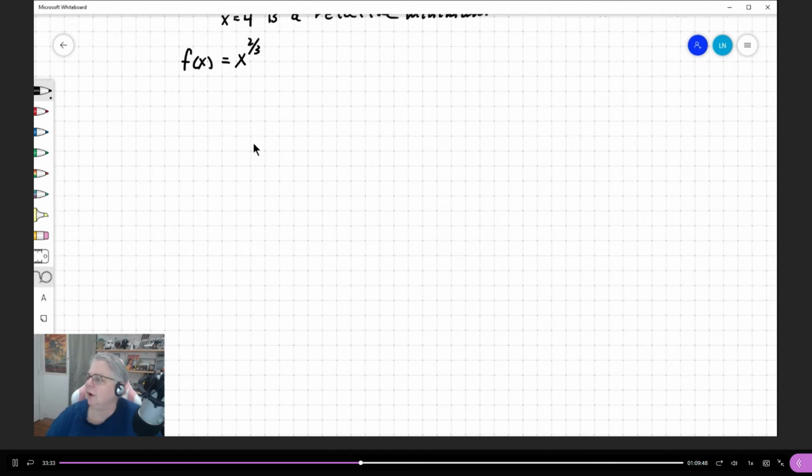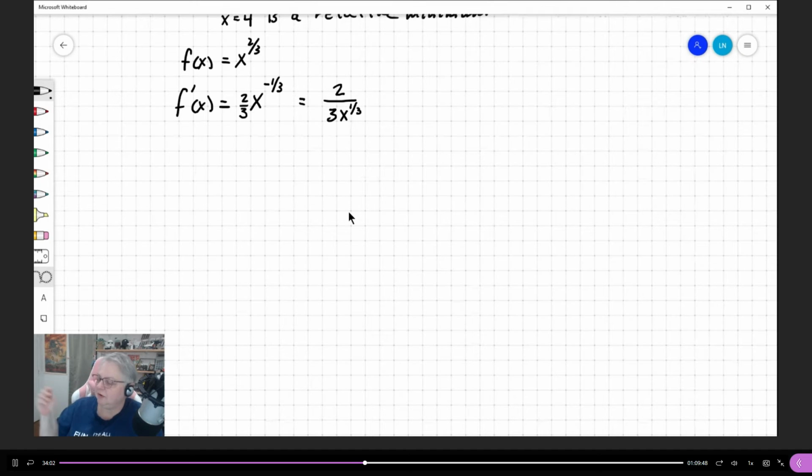It's continuous everywhere. The derivative, if I take f prime of x, becomes 2/3 x to the negative 1/3. So this is 2 over 3x to the 1/3. There is no place where the derivative is 0, because a fraction is 0 where its numerator is 0, and the numerator of that fraction will never be 0.